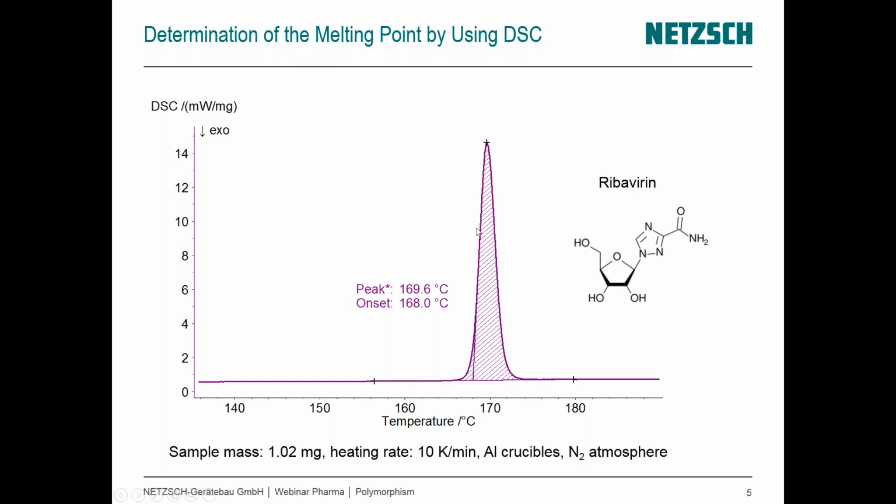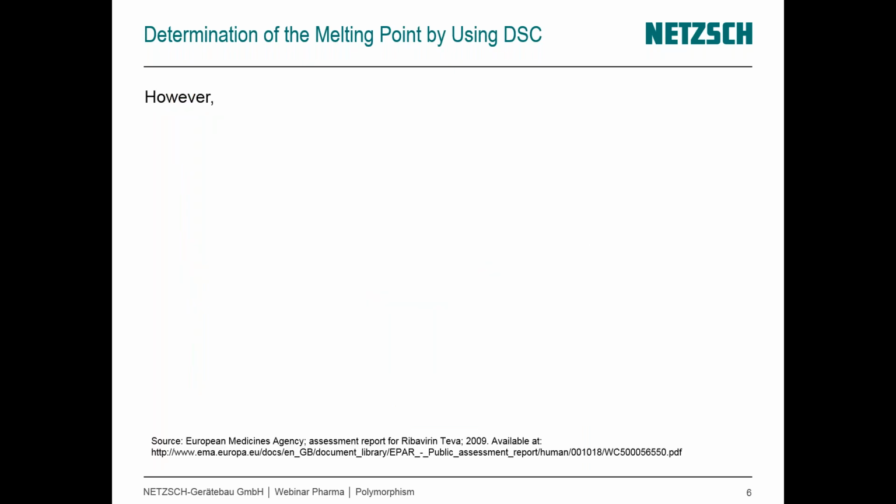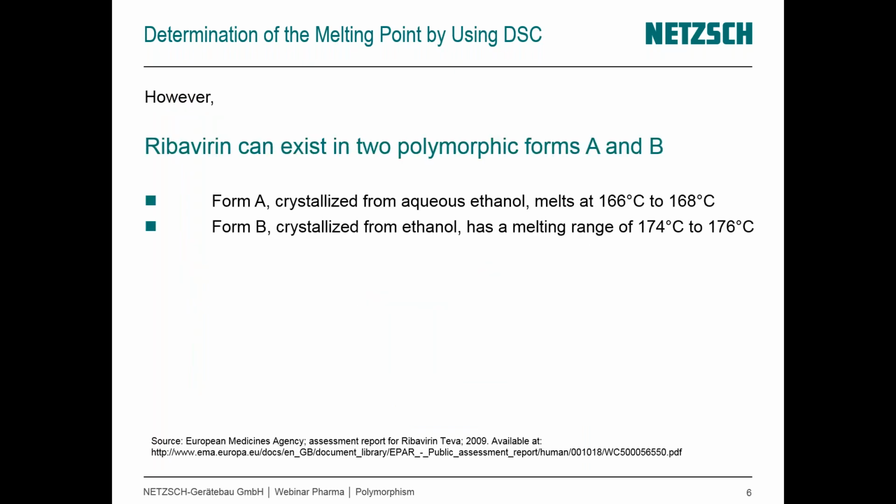So we have the so-called onset temperature, which is an extrapolation of the baseline and the tangent with the slope of this melting peak. We also have the point of maximum heat flow. So you can see the onset and the peak temperature. And in your pharmacopoeia, you should have both of these very well defined, as well as one thing we can look at is the area under the curve here. So this is, again, a very well defined melting of a crystalline compound, very straightforward.